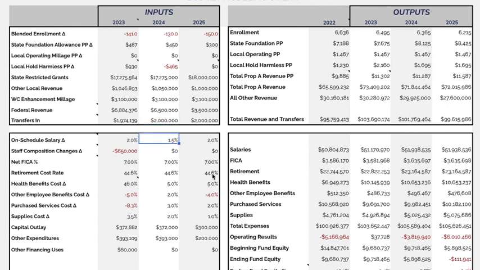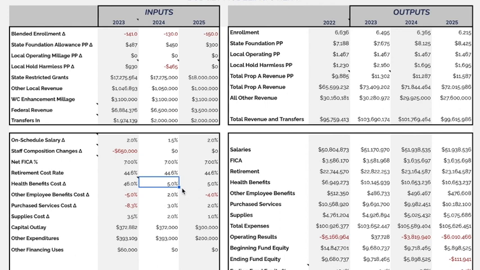Let's say that we model this with a 1.5% on schedule salary increase, no change in staff composition. This is a big X factor. The district's got to come forward with their projection of what they think is going to happen here. No change in FICA, no change in retirement. A much smaller increase in healthcare benefits of 5%.